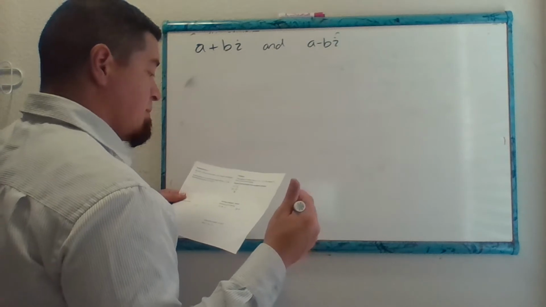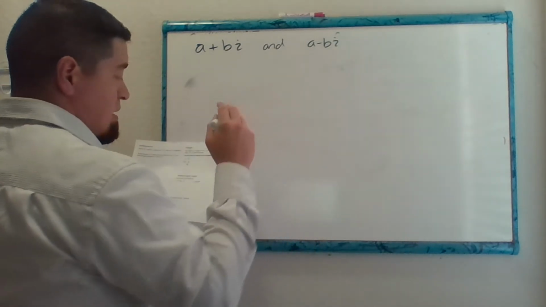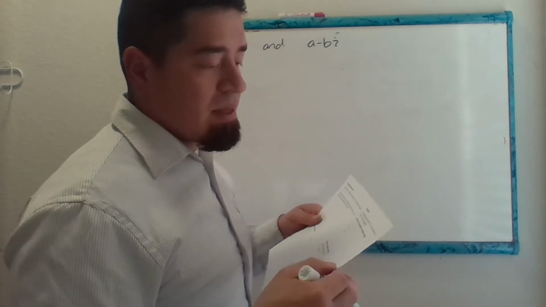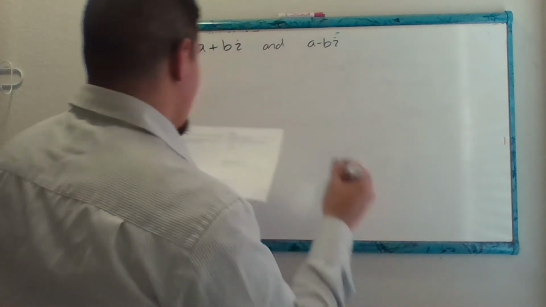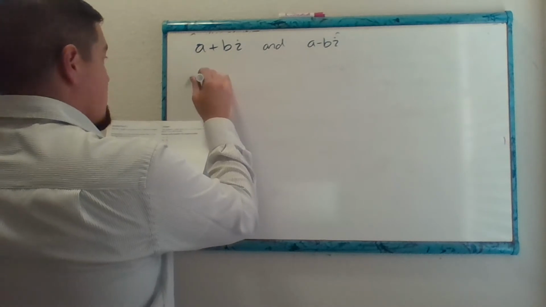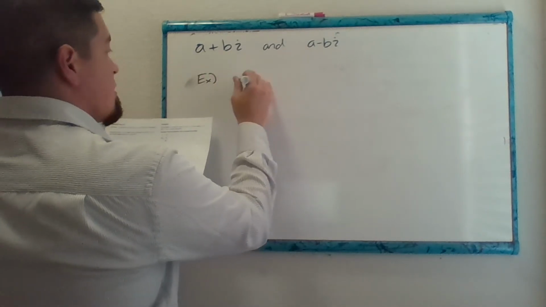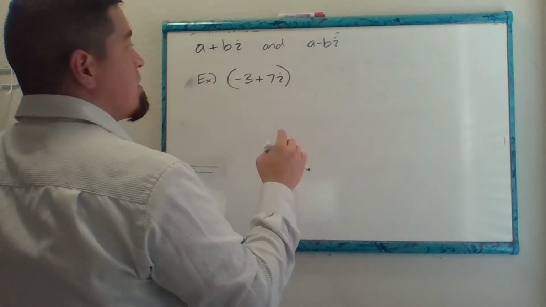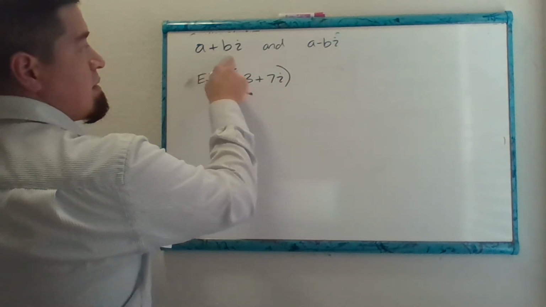So with this said, the example says find the conjugate and multiply. So the first one on our example is negative 3 plus 7i. Okay, so that's in this format.